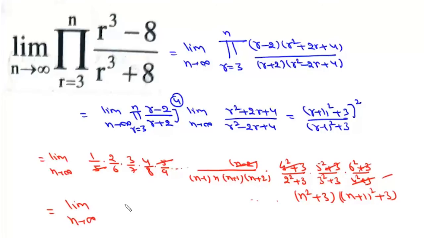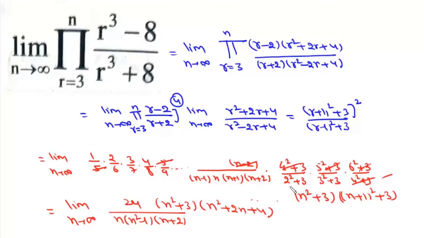Now this is 24 upon, this is n square minus 1, n plus 2, and here it is n square plus 3 and n square plus 2n plus 4. And we also have 4 and 3 7, and this is 9 plus 3 12.